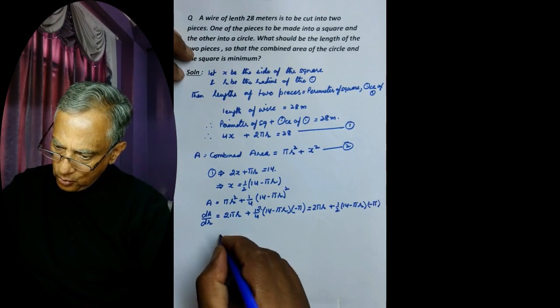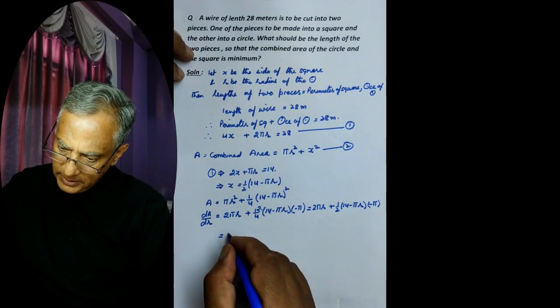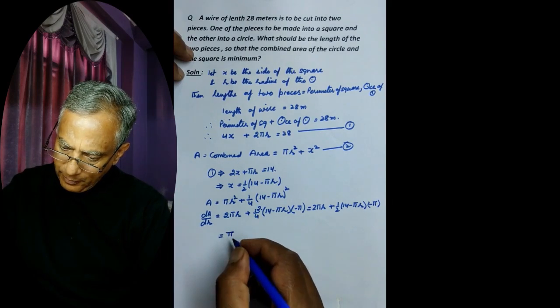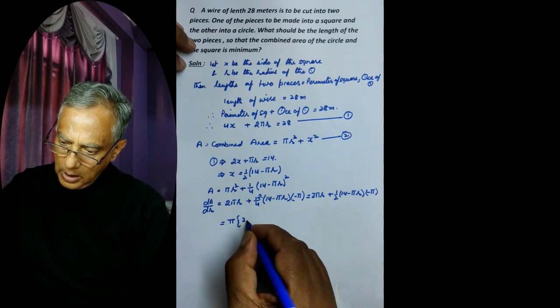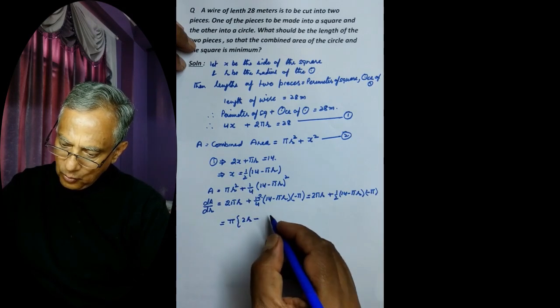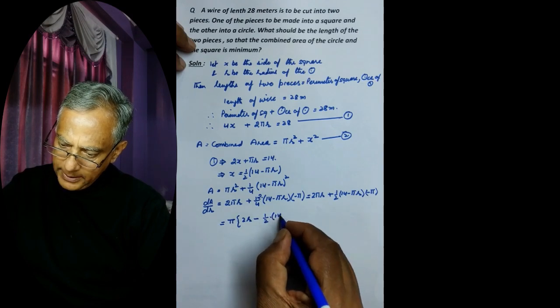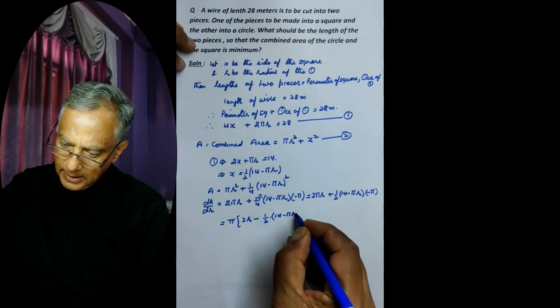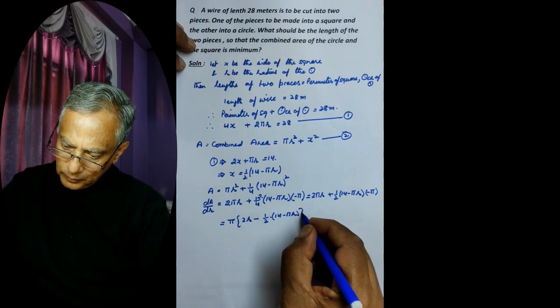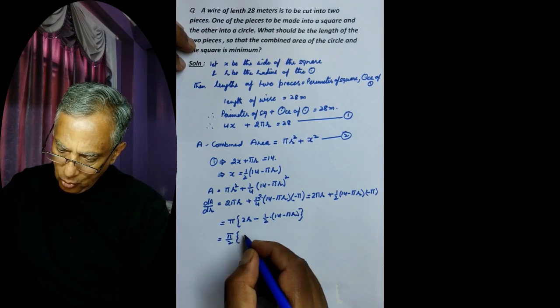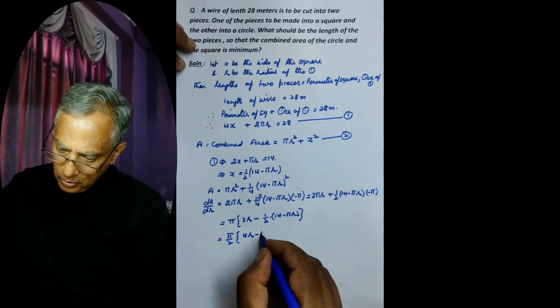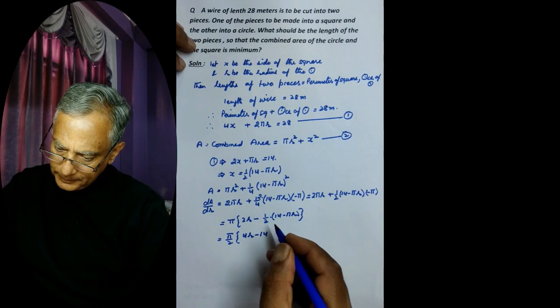And this is equal to, pi will be common, so we get pi into 2r minus 1 by 2 into 14 minus pi r. This is equal to pi by 2 into 4r minus 14 plus pi r.